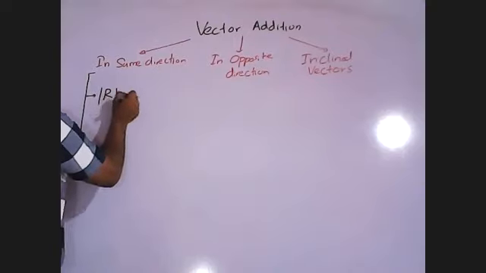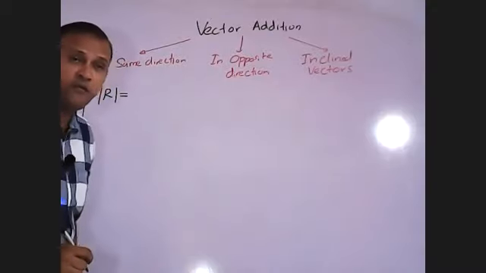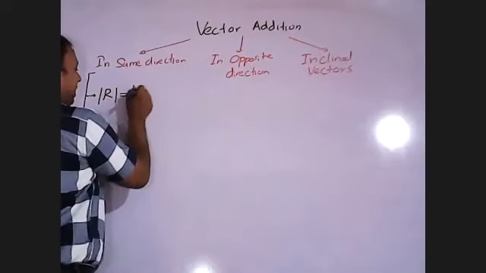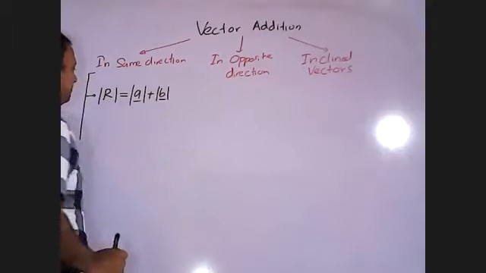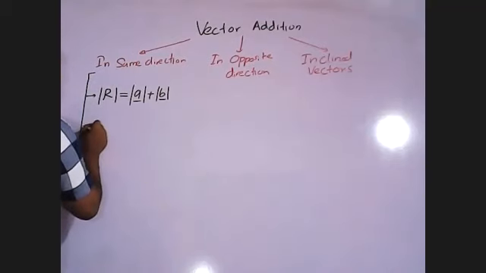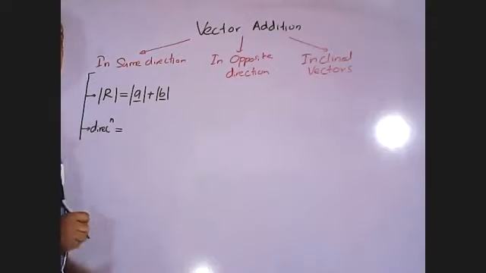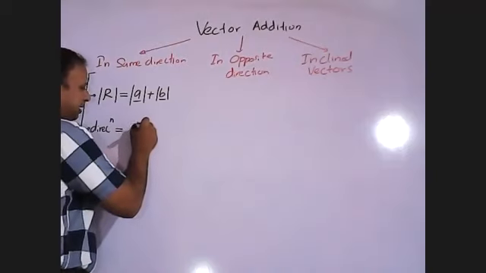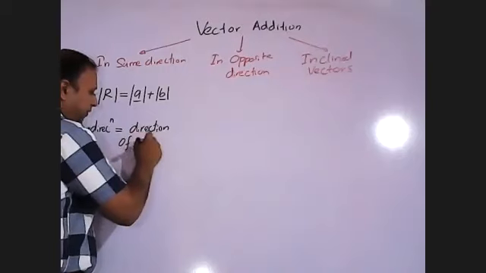Magnitude of R is equal to the addition of magnitudes of the two vectors. So that is the magnitude. What is the direction? It is equal to the direction of a vector.